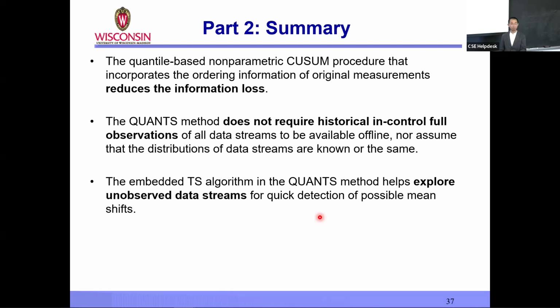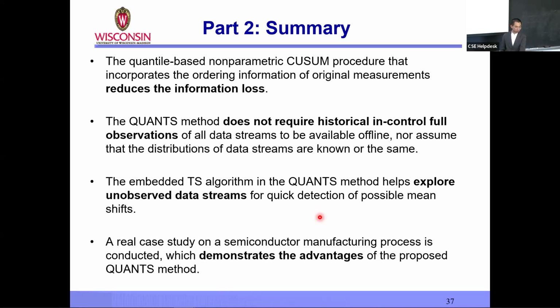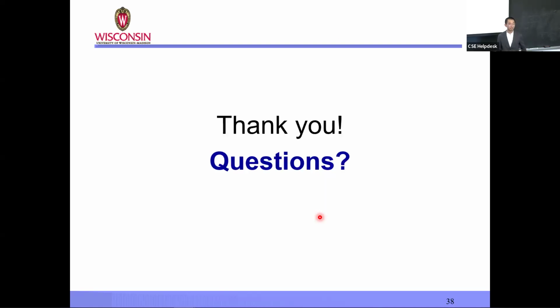The embedded Thompson sampling can help us explore those unobserved data streams for detection. And lastly, we conducted a case study on the semiconductor manufacturing process, which shows a significant advantage of this proposed method. With that, I thank you for your attention, and I'm happy to take any questions.